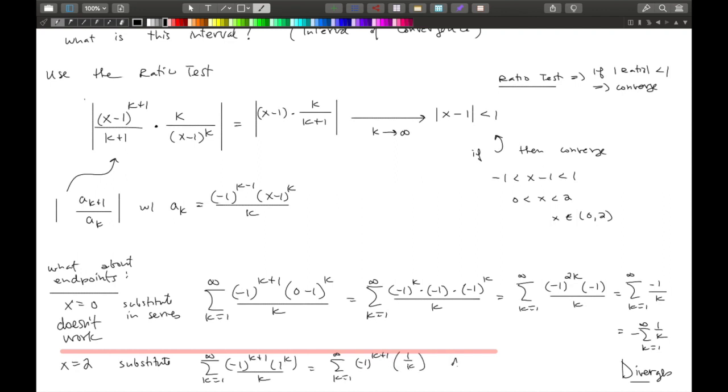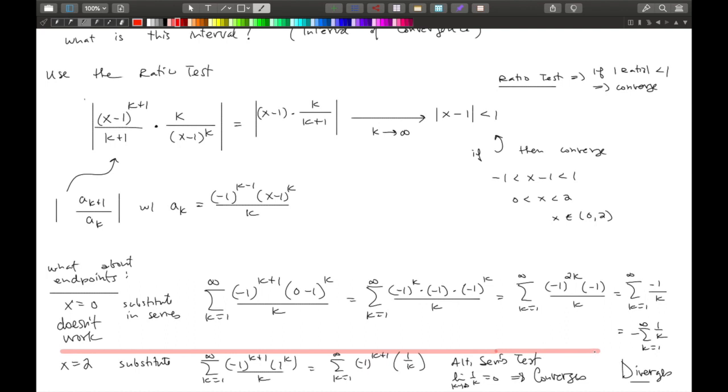So by the alternating series test, since the limit of the 1 over k's goes to 0 as k goes to infinity, the alternating series test says that this series converges.